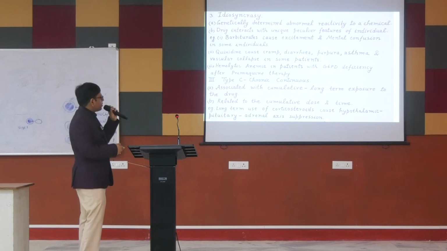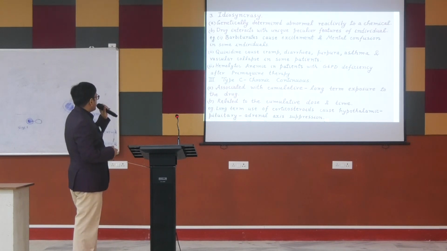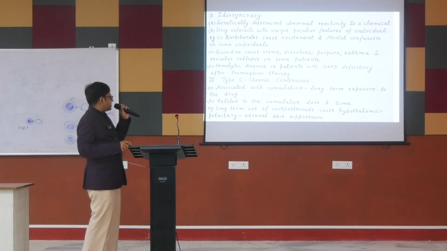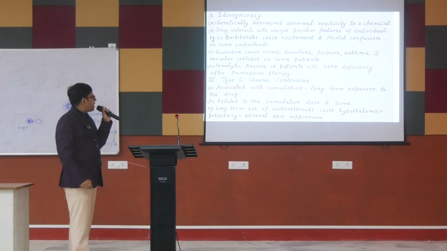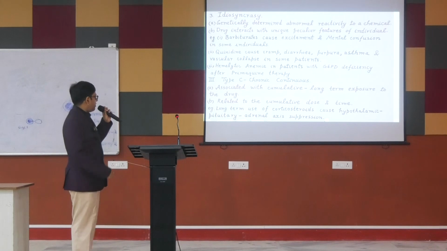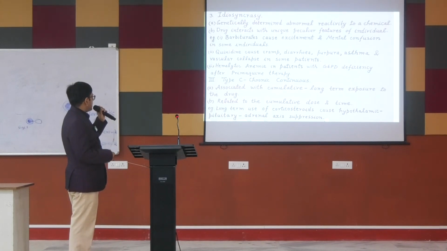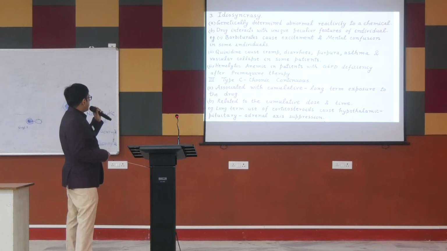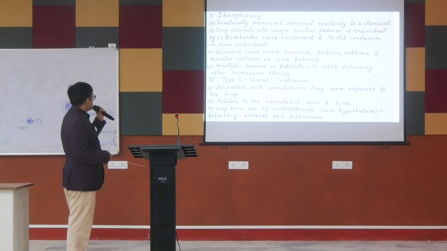All right. Even those patients who have G6PD deficiency show idiosyncrasy to certain drugs. Suddenly they will develop severe hemolytic anemias, severe anemia. All right. Because the blood cells, RBCs, will break down. Okay. So we have A, B, C.